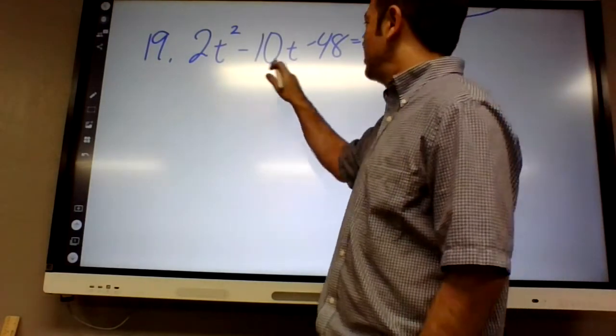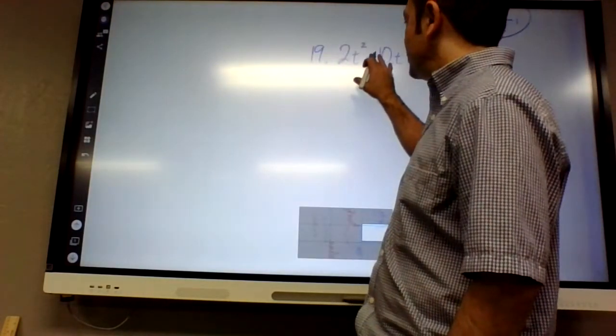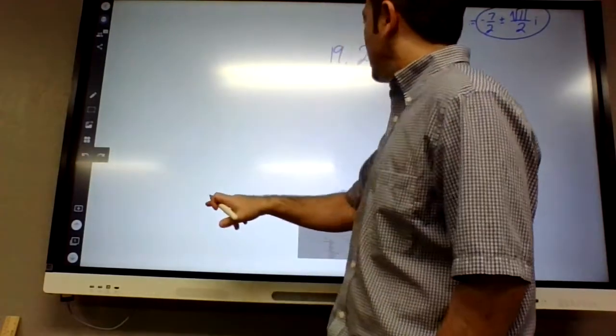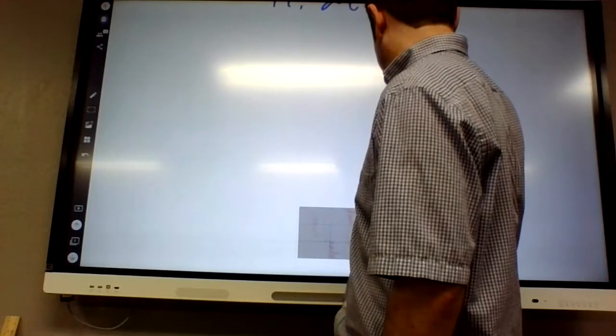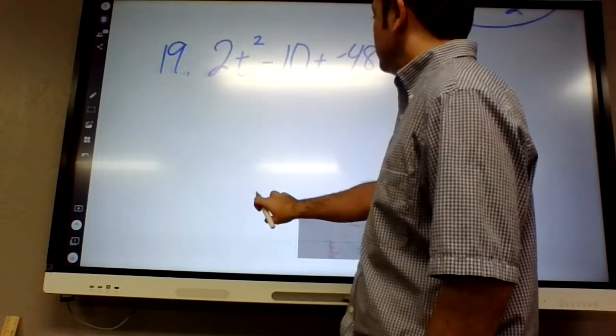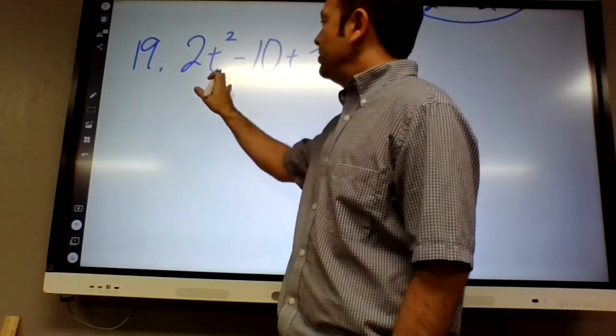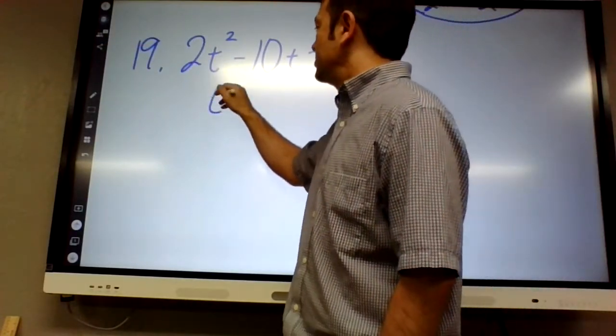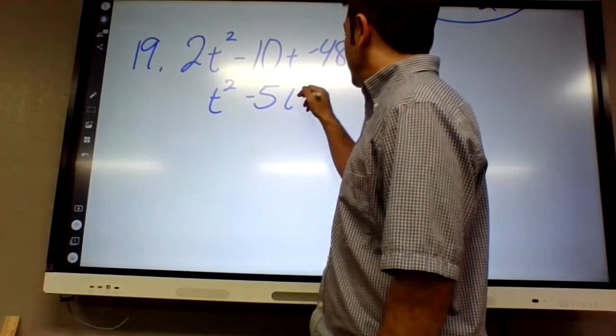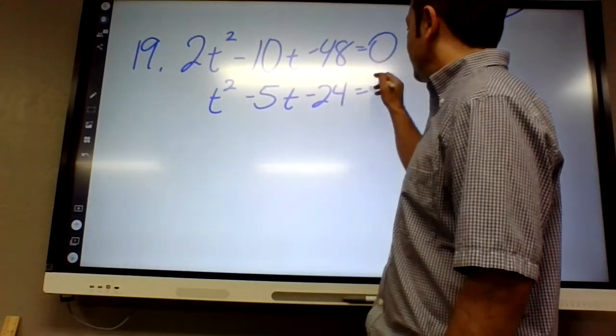Everything's divisible by 2. You don't really want to factor out a 2, you just want to divide by 2 to get rid of it. And we can do that because it's an equation, so we can just divide both sides by 2.